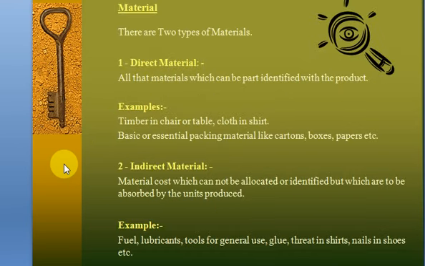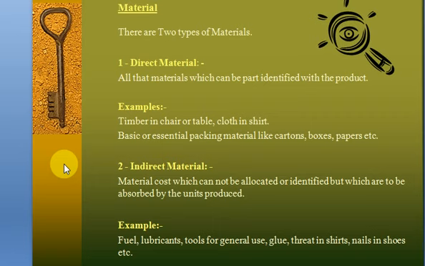Materials is the main element of the cost of production. There are two types of materials: direct materials and indirect materials. Direct materials are all those materials which can be identified with the products.